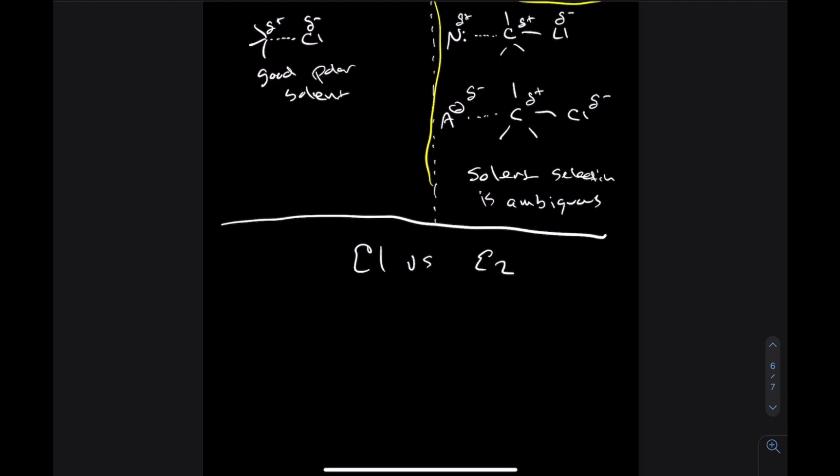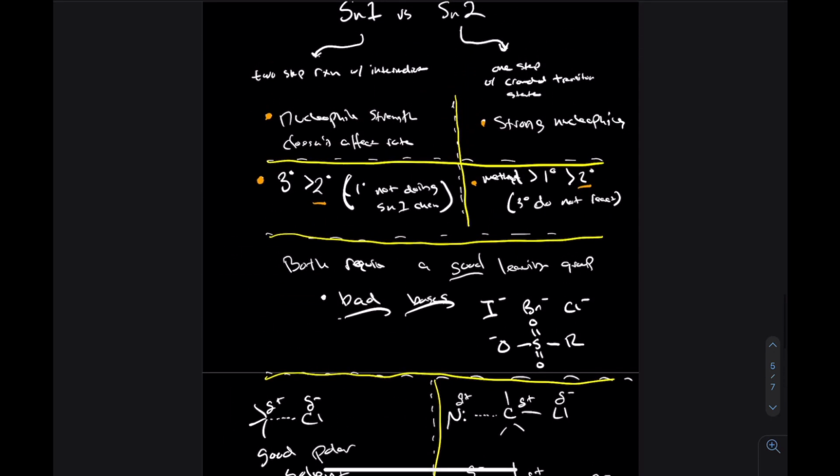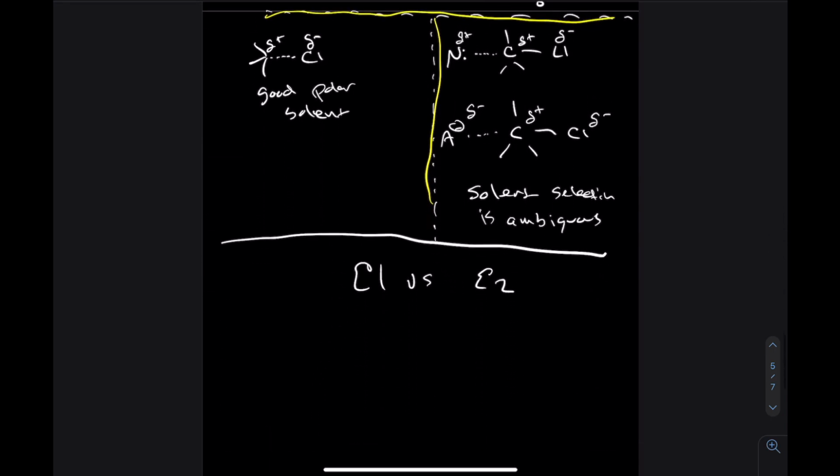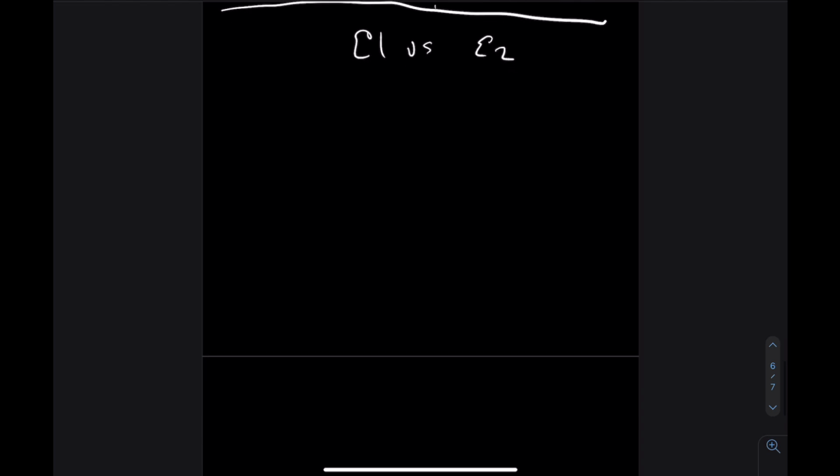All right, and in E1 and E2 reactions, a pretty important aspect is the substrates. So again, we can look up here, although we have nucleophilic, but what we see is that E1 and E2 are governed by Zaitsev's rule.